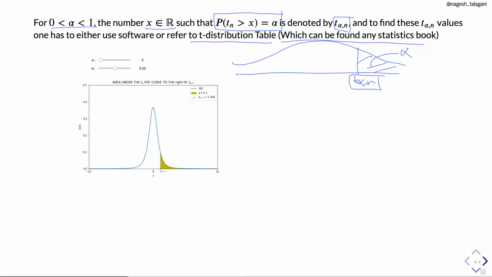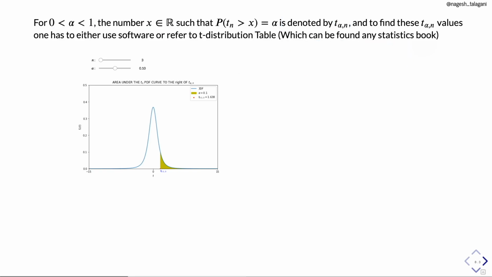Here is an application using which you can get these t_{alpha,n} values for various values of n and alpha. Let me show you. So let me set n value 7, alpha value 0.05.